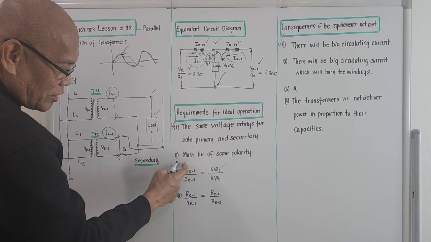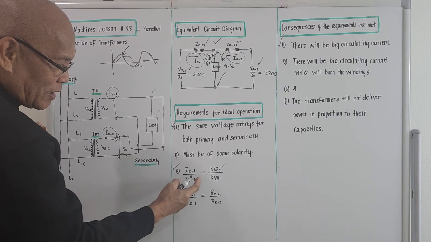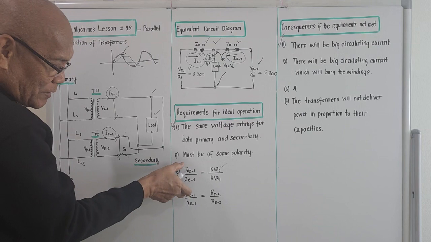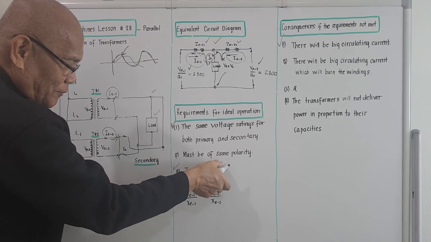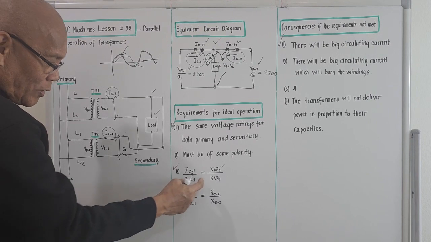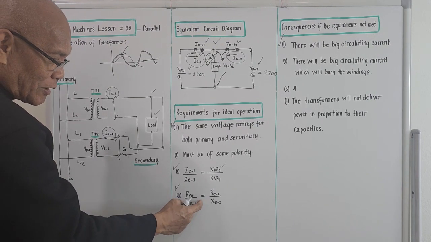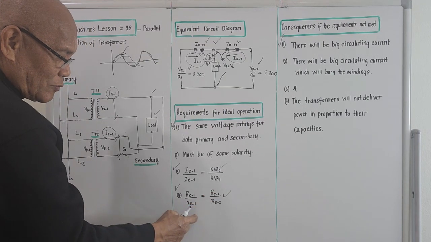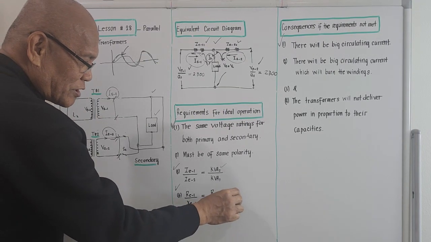So ZE1 over ZE2 should be equal to KVAE2 over KVAE1. That is impedance ratio over apparent power ratio. And for number 4, RE1 over XE1 should be equal to RE2 over XE2. What comes out, these should be of the same power factor.